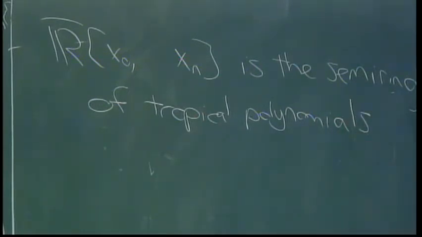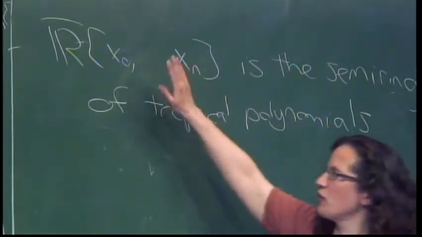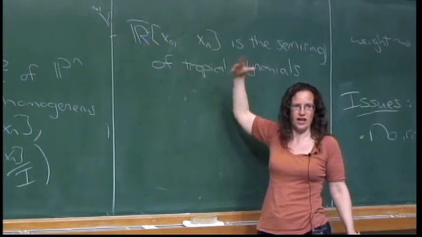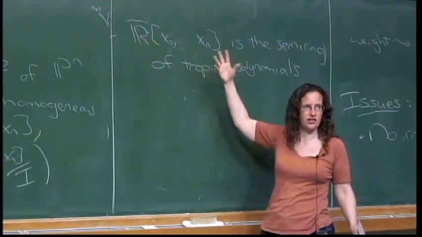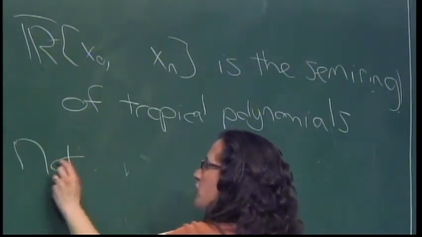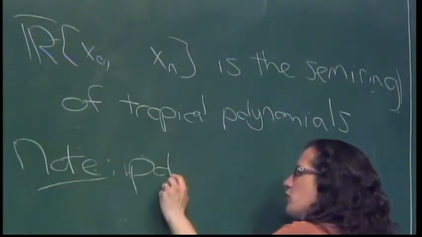Okay, so all operations here should be tropical operations, right? So you've got coefficients in the tropical semi-ring. Multiplication is tropical multiplication, so addition. Addition is tropical addition, so minimum.